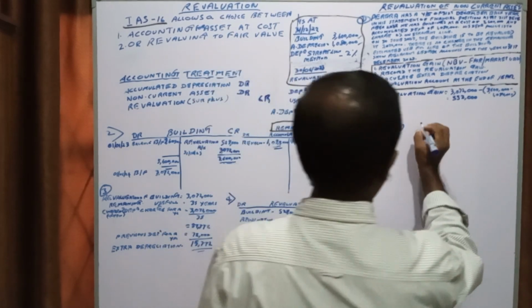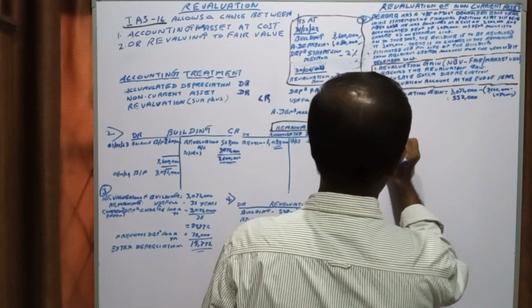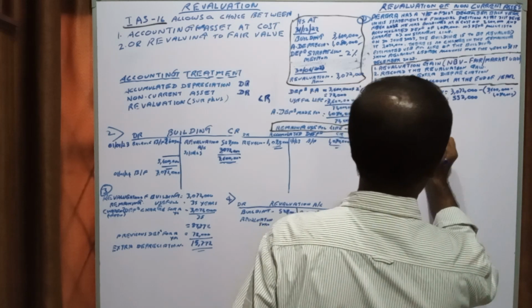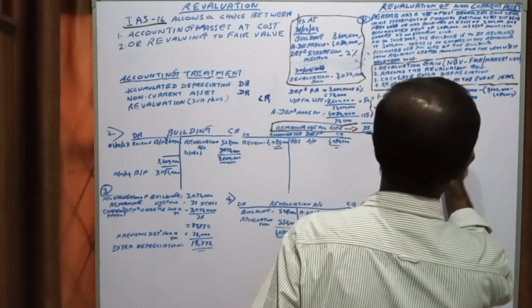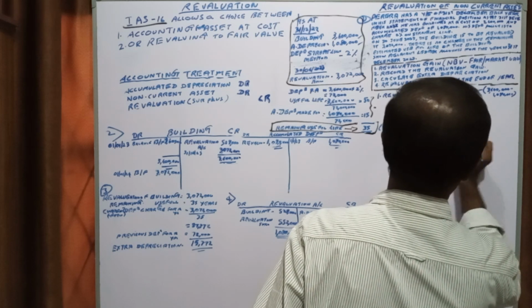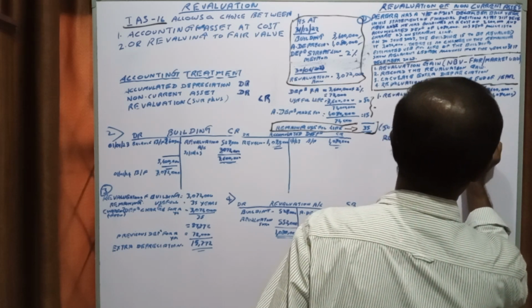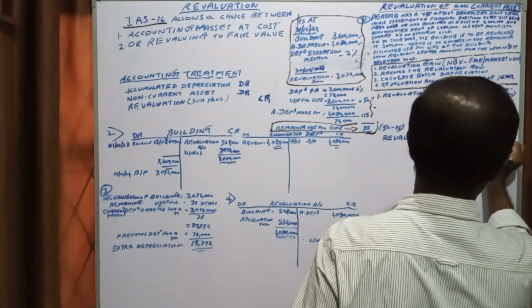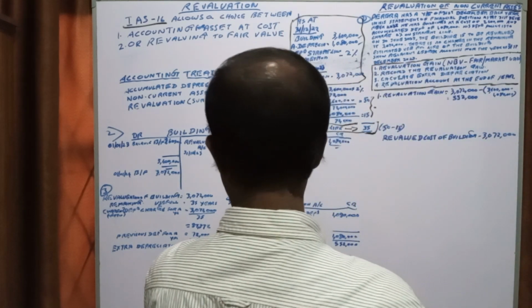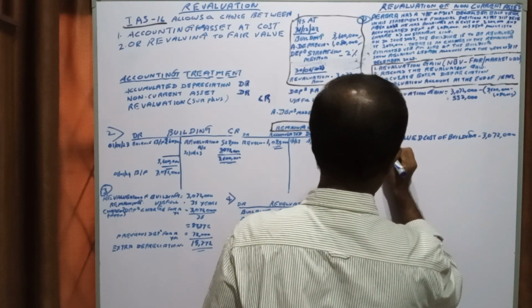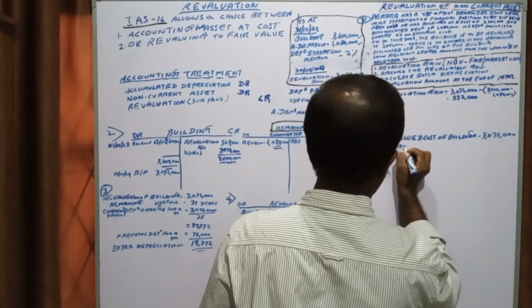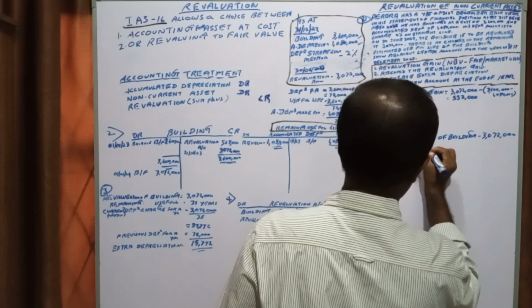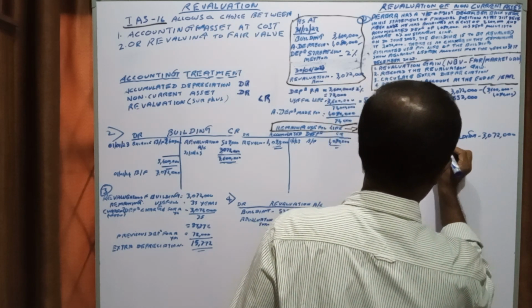The new revalued cost of the building is 3,072,000. Right? Remaining useful life.